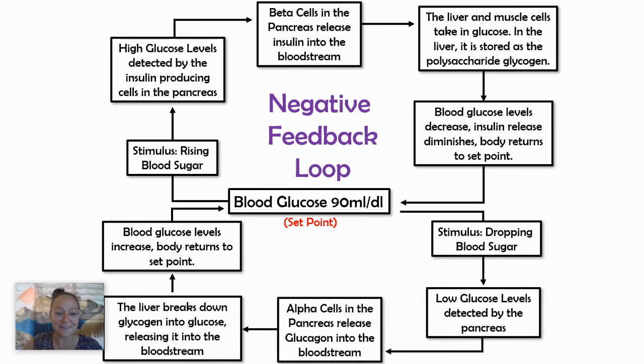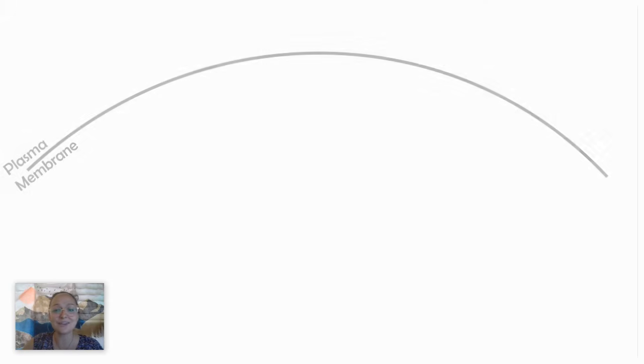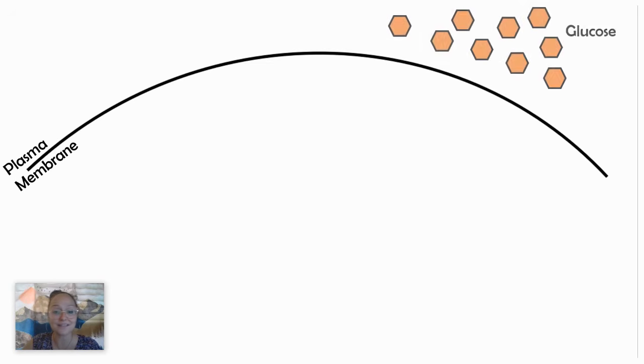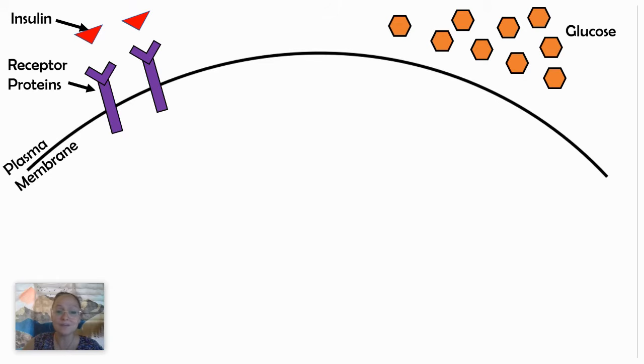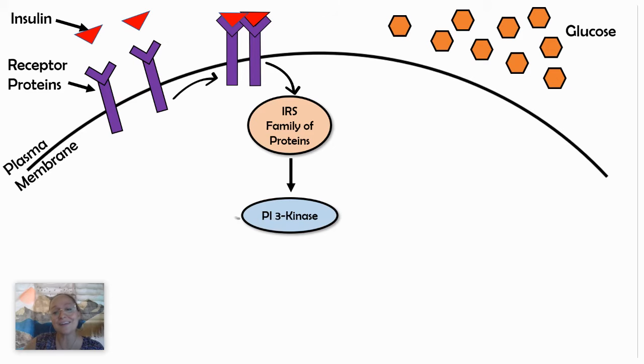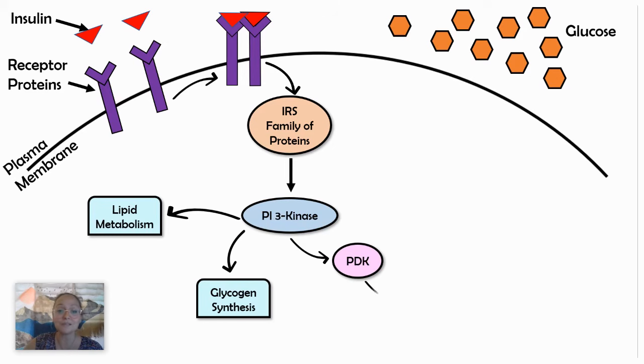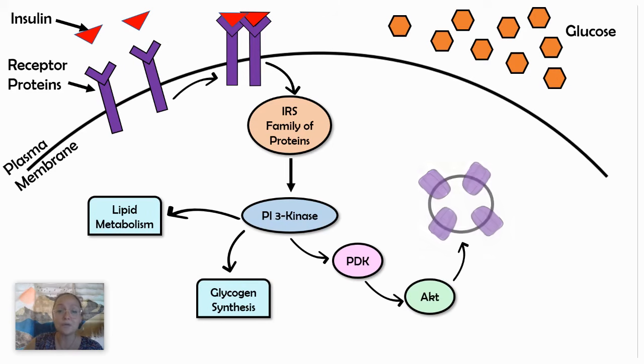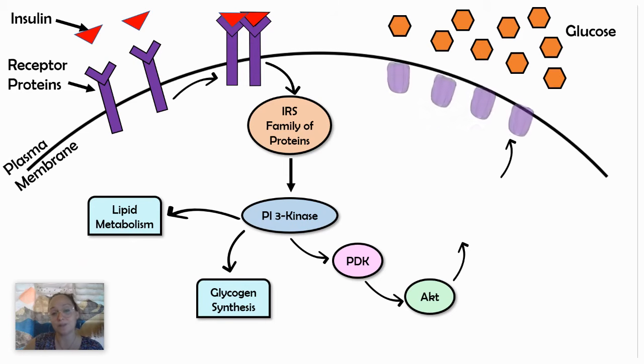Okay, so now this is a good time to refresh our memory on cell communication. So when we talk about how insulin works, again, this is in a whole other video, I think it's video 4.3. When we look at how insulin works, the ultimate cell response is to embed protein channels or carrier proteins into the cell membrane.